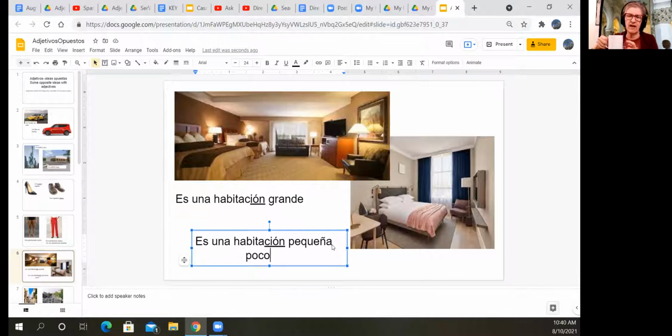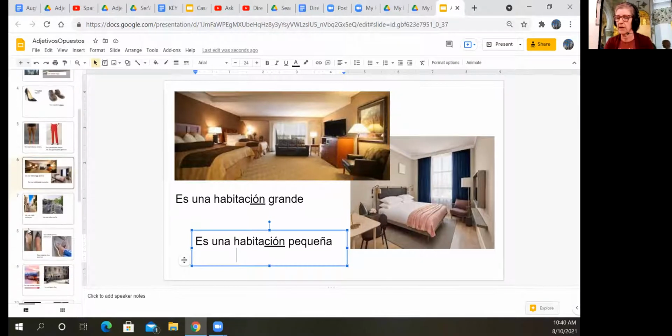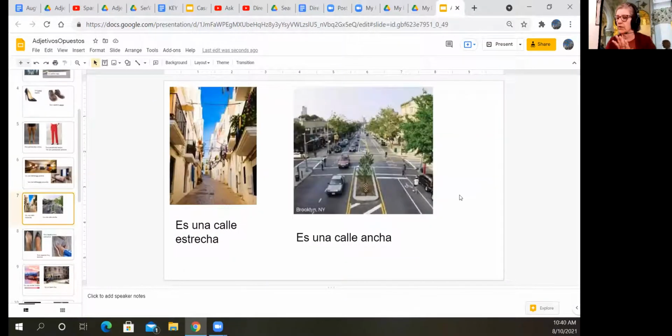Tengo un poco de café. I have a little bit of coffee. Poco means a small amount, but it never talks about the size of an item. Okay. Pequeña talks about the size of a thing. Bien. Some other words they gave us were estrecha or estrecho for narrow.